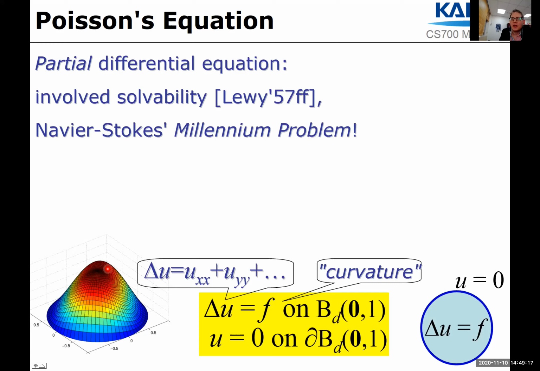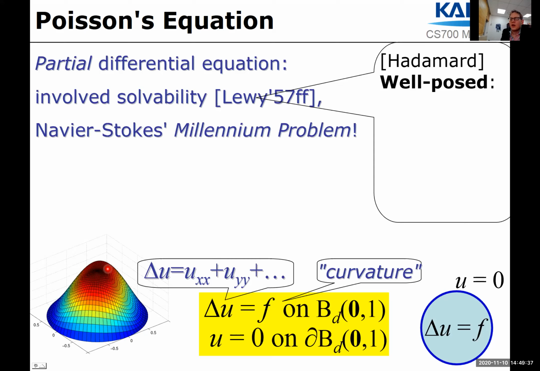Let me also point out that the similar question of existence and uniqueness of solution and continuous dependence is actually one of the millennium problems with respect to the nonlinear Navier-Stokes partial differential equation. Now I've repeatedly referred to existence, uniqueness, and continuous dependence of the solution, and this is what Hadamard summarized with the term well-posed problem.